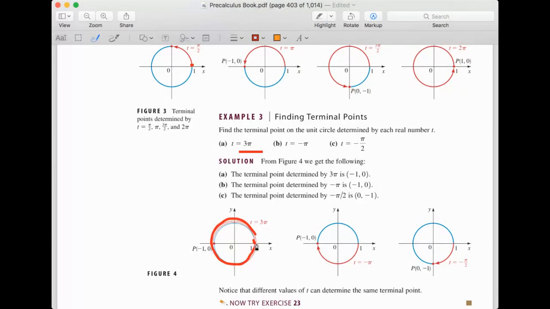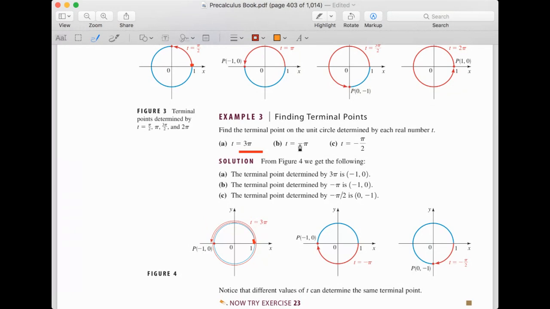That's 2 pi, right? But we need to run 3 pi. So we keep going, and end up here. That's 3 pi. So we run one circle, then pi, 2 pi plus pi, that's 3 pi. So 1.5 circles, that's 3 pi.